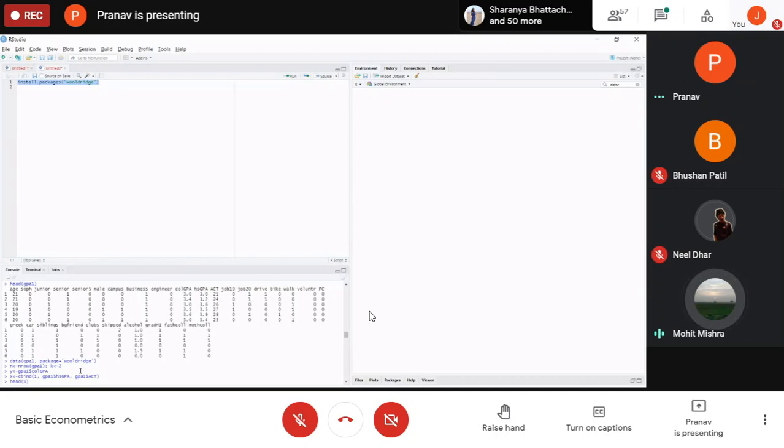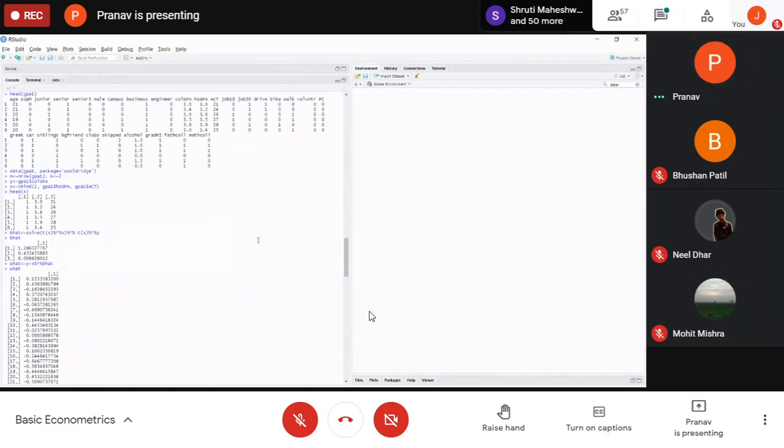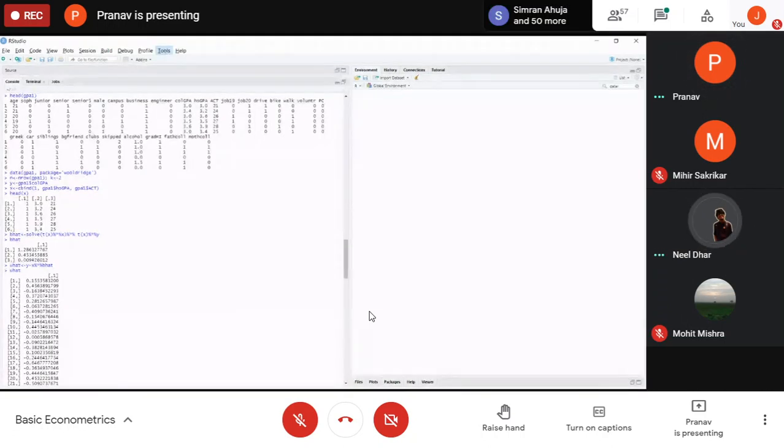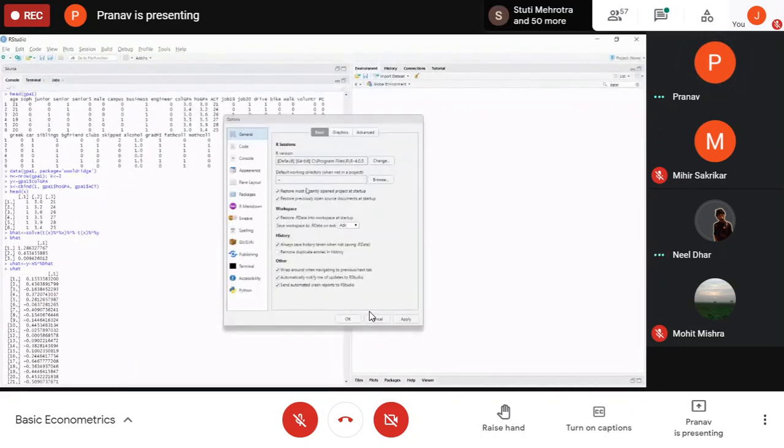Sir, could you please increase the size of this console? Oh, yeah, I'm really sorry. Thank you, can you see now? Yes, sir, a little more. Should I zoom this? Sir, if the font size can be increased, that would be great. Sir, I think it's in Tools, Global Options, Appearance.